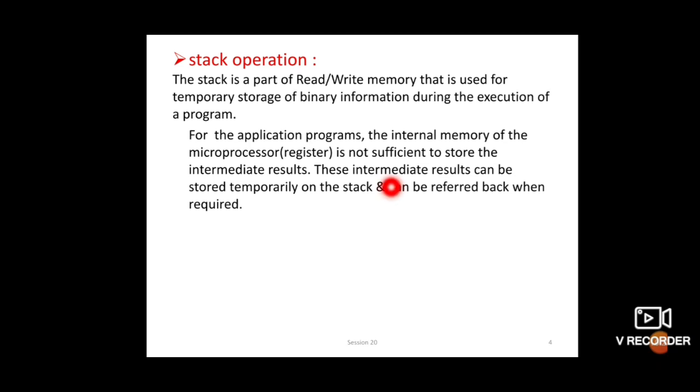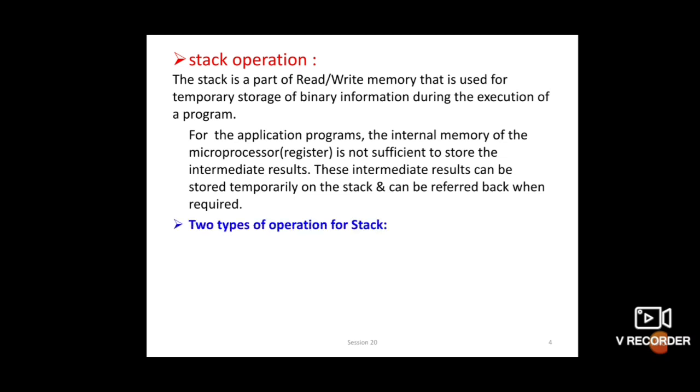This is called intermediate results, means it is a temporary storage. These intermediate results can be stored temporarily on the stack and can be referred back when required. Means when required, whatever is stored in the stack is transferred to the program counter. Okay, this is the main purpose of stack.